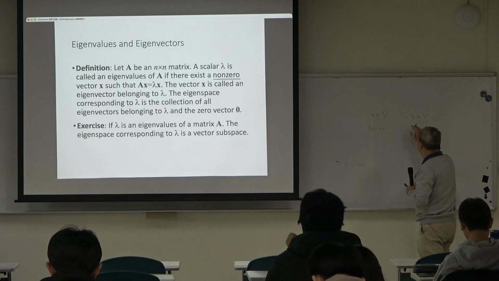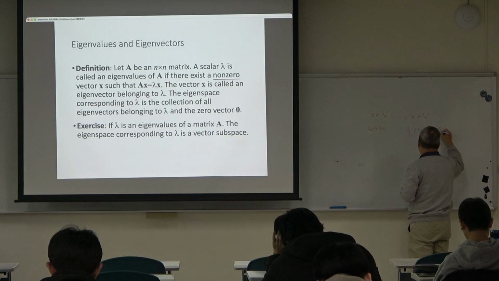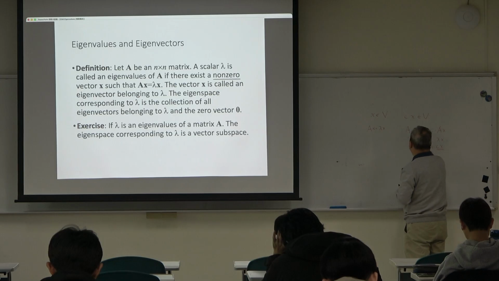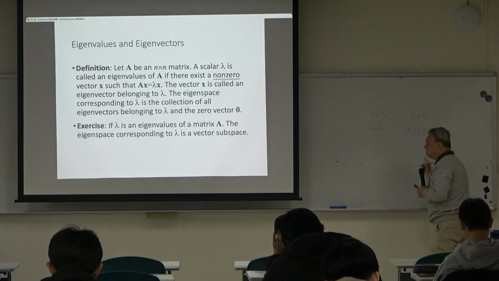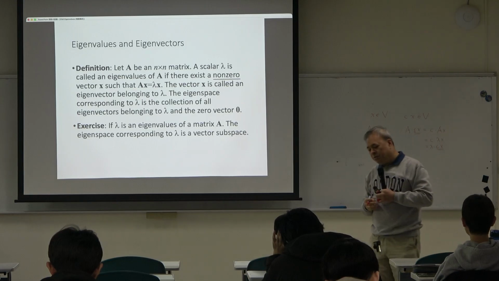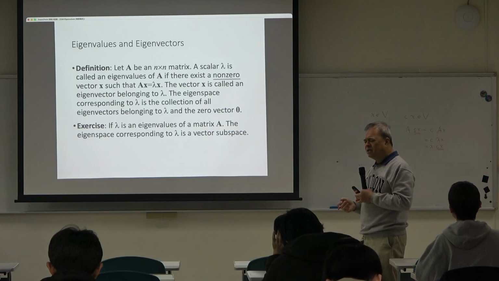So A times cx, because c is a scalar, is c times Ax, which is c times lambda x, or put it another way, lambda times cx. So obviously cx satisfies the requirement of an eigenvector for lambda.